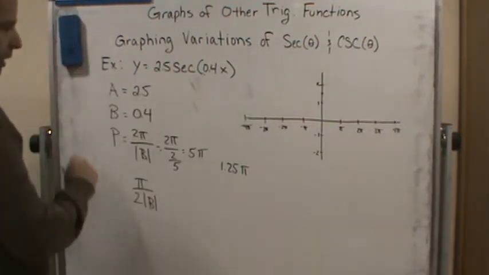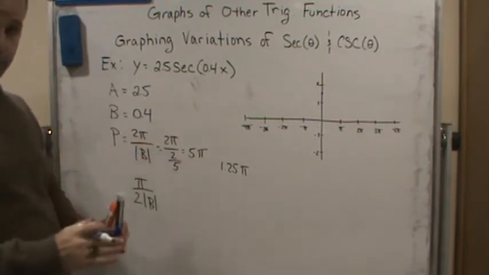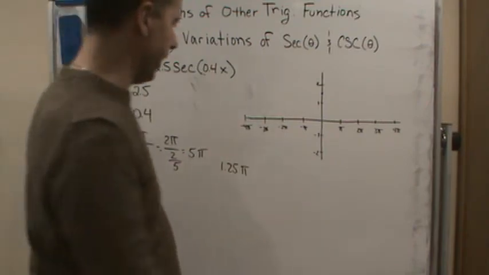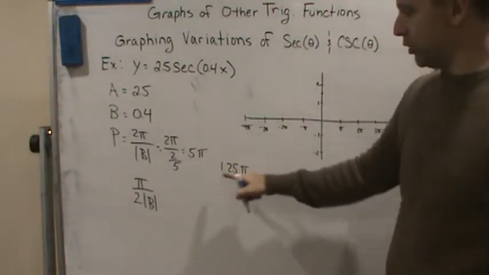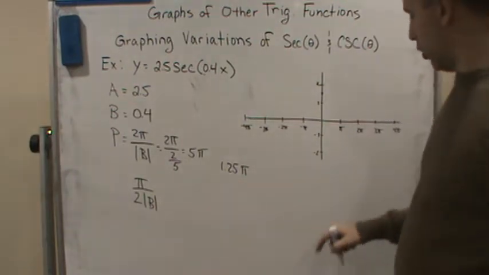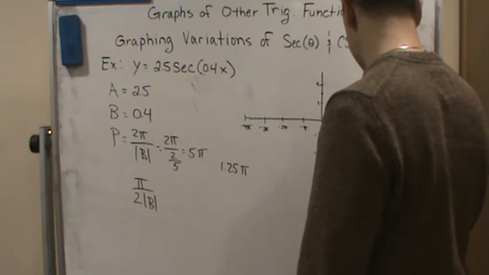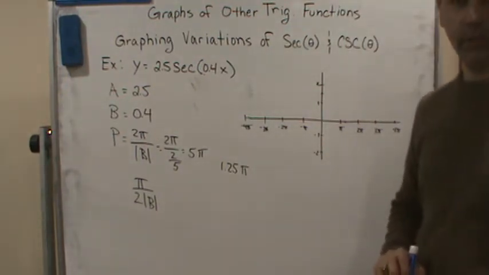But normally what we do is we take the period and divide it by 4. So, boom, we know it's going to be 0 at 1.25 pi, since the period is 5 pi. That's the easiest way to do it. So 1.25 pi is going to be right about here. That's where the asymptotes are going to be.